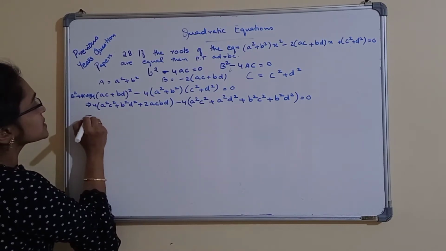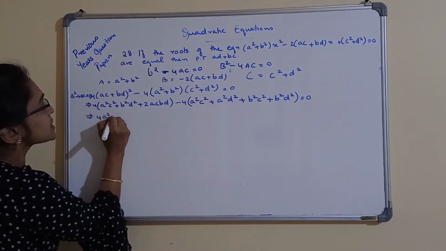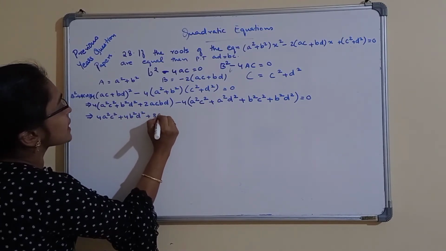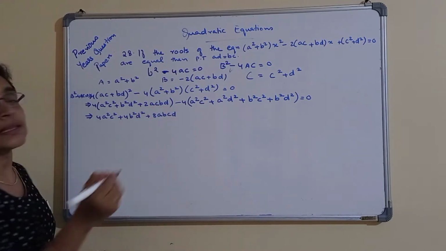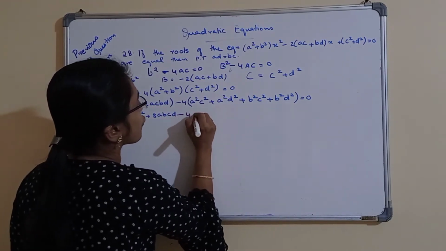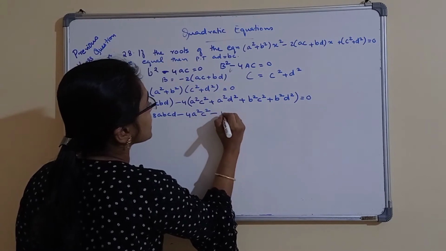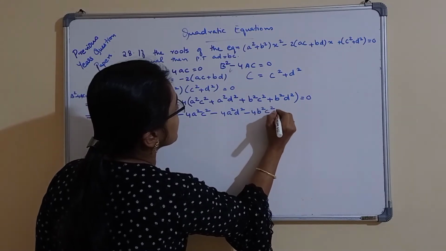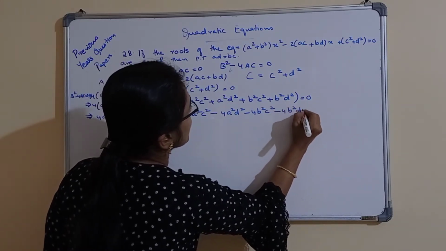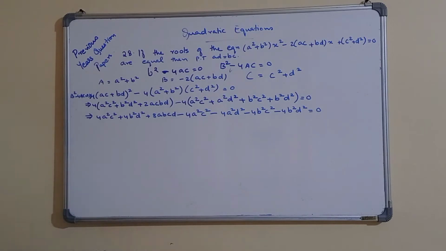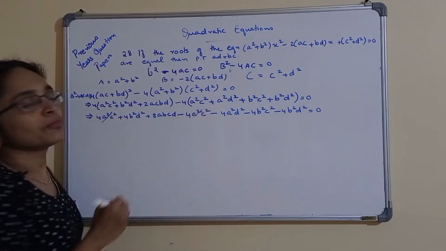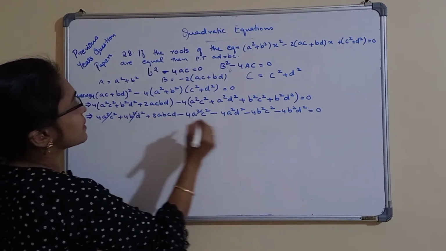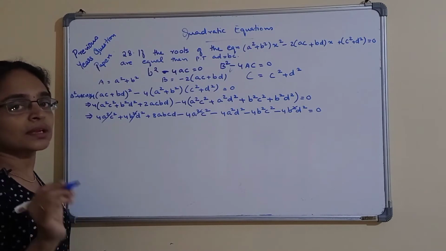Okay, now this implies 4a square c square plus 4b square d square plus 8abcd, minus 4a square c square minus 4a square d square minus 4b square c square minus 4b square d square equal to 0. Now 4a square c square and minus 4a square c square will get cancelled. Then 4b square d square and minus 4b square d square will get cancelled.